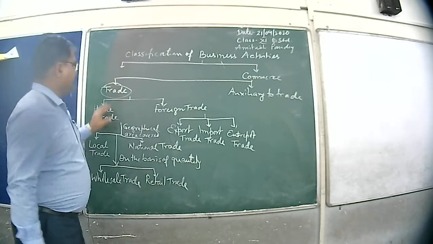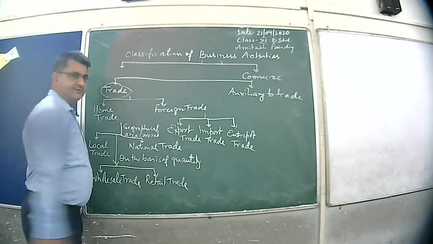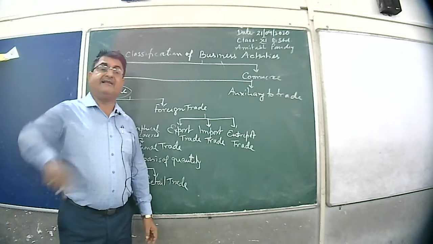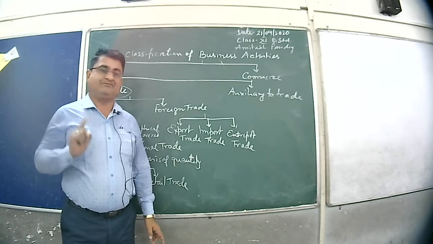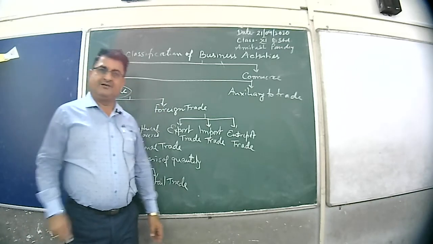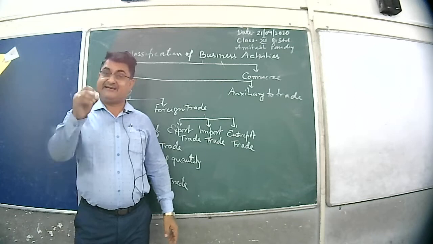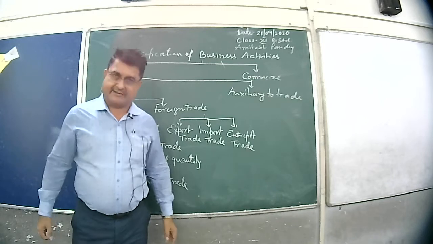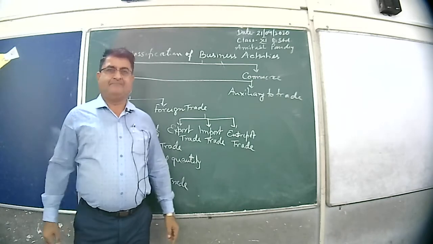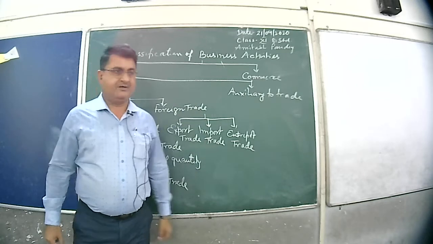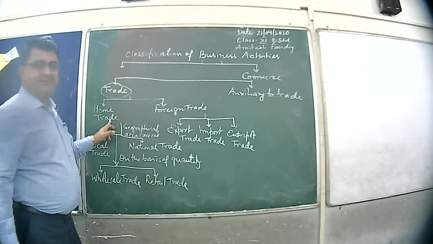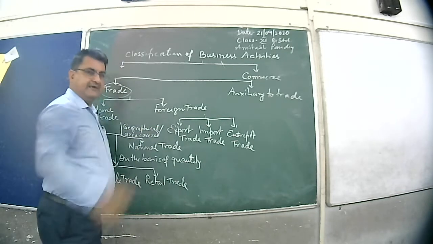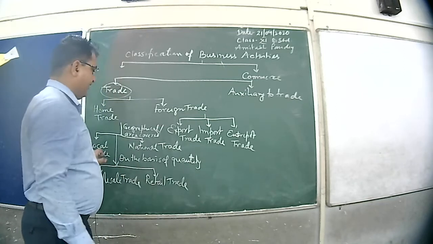Now, trade is classified into two: home trade and foreign trade. Home trade refers to that trade whose activities remain confined within the political boundary of the country. But foreign trade refers to that trade whose activities do not remain confined within the geographical boundary of a country. Rather, it is spread to different countries having different political setups. Now, home trade. On the basis of location or area covered, you have local trade and national trade.